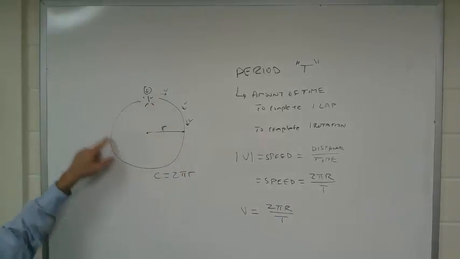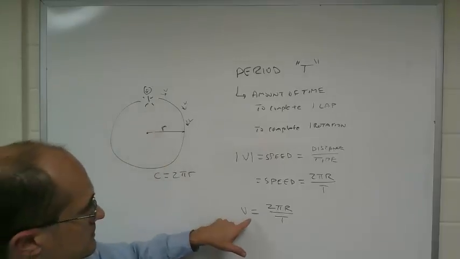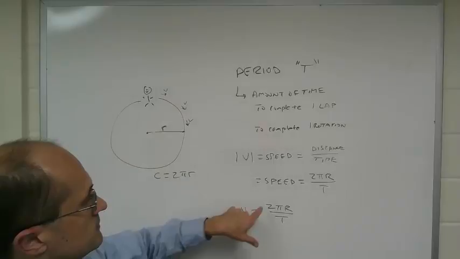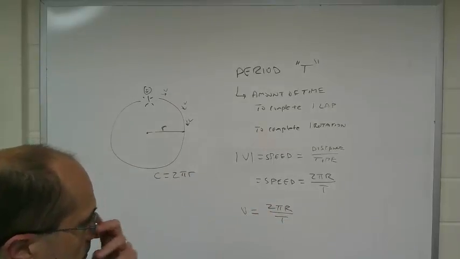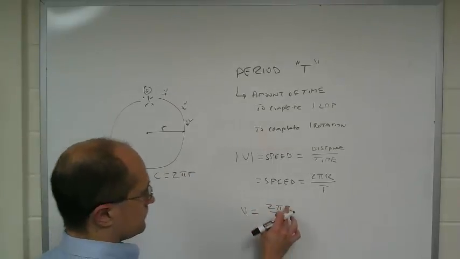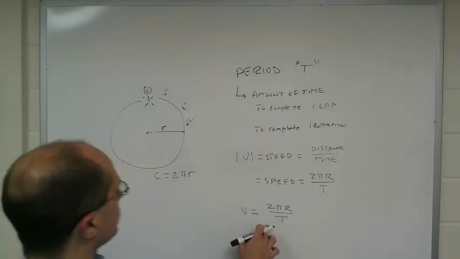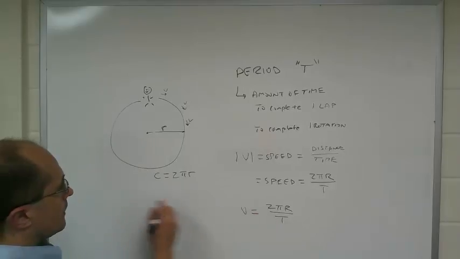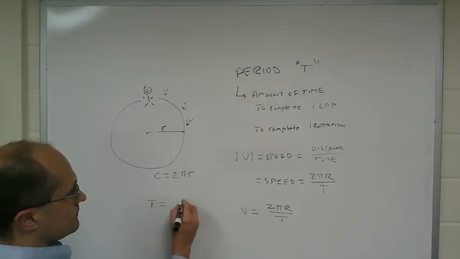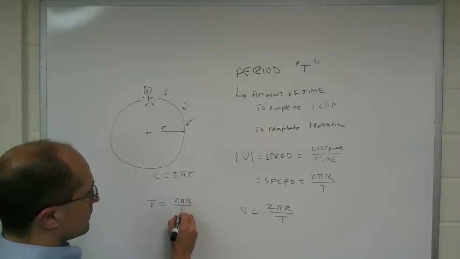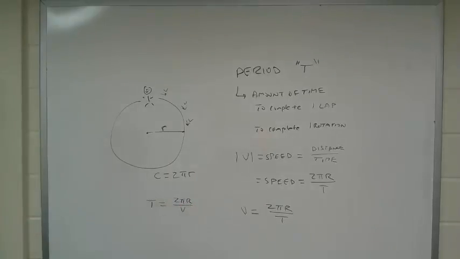As long as you hold your speed constant, your velocity is constant, just changing direction. So you have 2 pi r over T. We can also rearrange, and the period is 2 pi r over v. The amount of time it takes you to run that distance divided by v gives you the period.